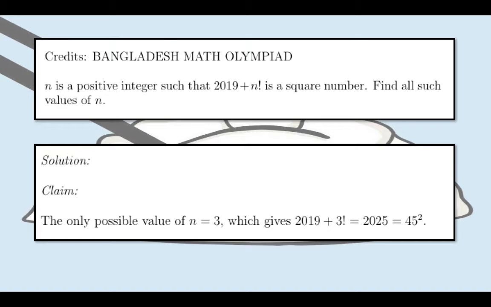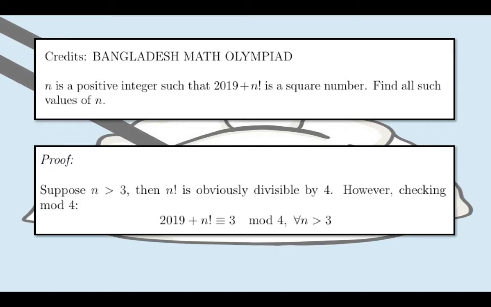One of the very common things to do in this item is to check modulo congruences, because since we're dealing with 2019 plus n factorial being a square number, we can use modulo 4, which is a very common thing to do in math Olympiads. So let's start with the proof.